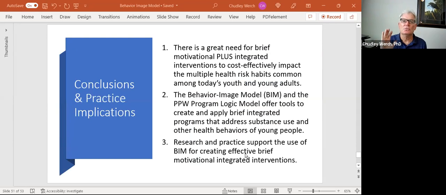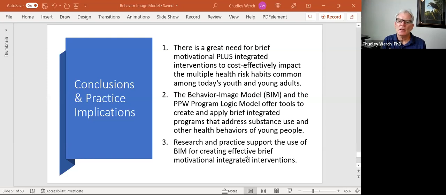So let me conclude, wrap things up for you. Number one, there is definitely a great need for brief motivational plus integrated interventions to cost-effectively impact multiple health risks that are very common among today's youth and young adults.